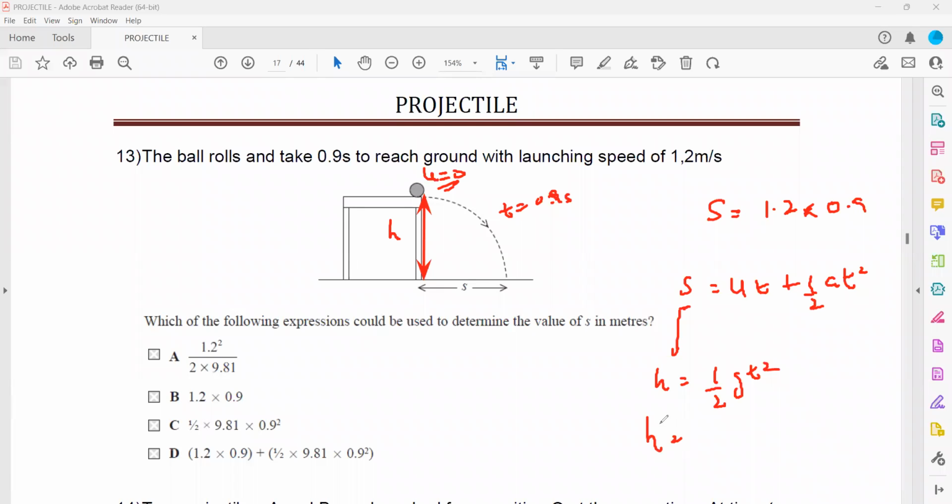So the height equals 1 by 2 into 9.81 into 0.9 square. So if we need the height, we will use this formula. This is the expression to get the height, and this is the expression to get the range. As in the question they asked for range, that's why it was B. If they ask for height, then it will be C.